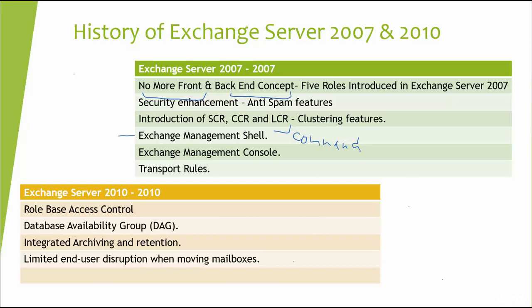And then they also had Exchange Management Console, and this console was just to load your Exchange Server 2007 like a Microsoft Management Console that you have. And then they also had transport rules, where with transport rules you were able to configure different rules.